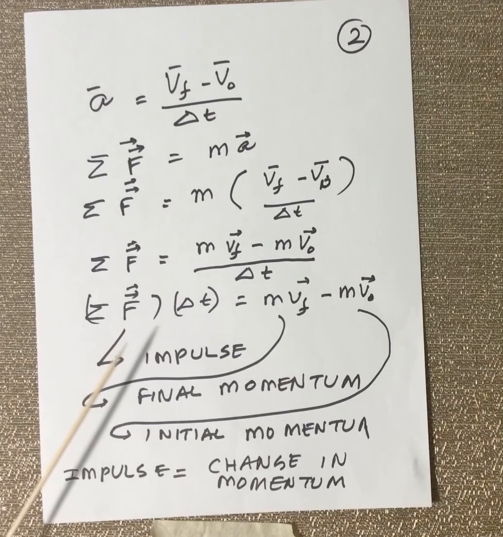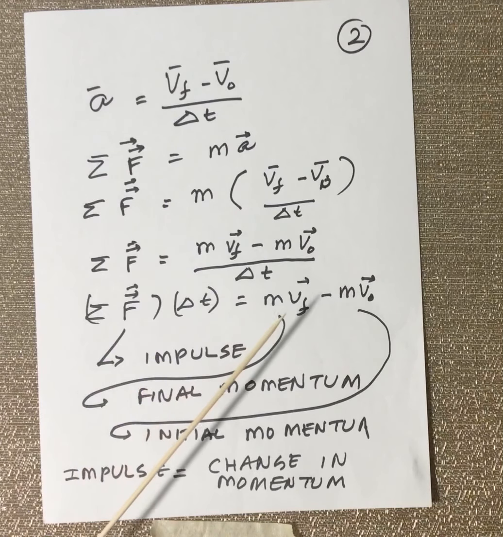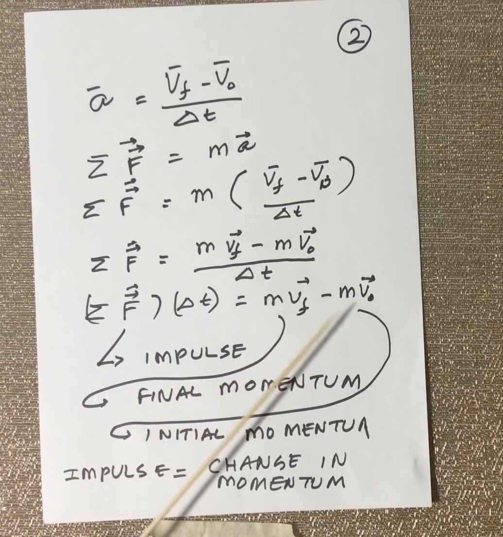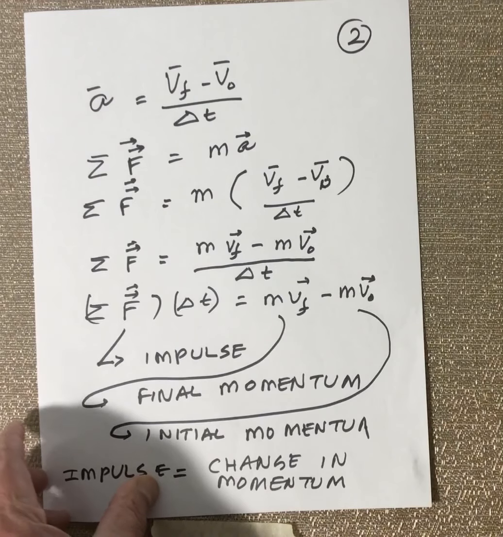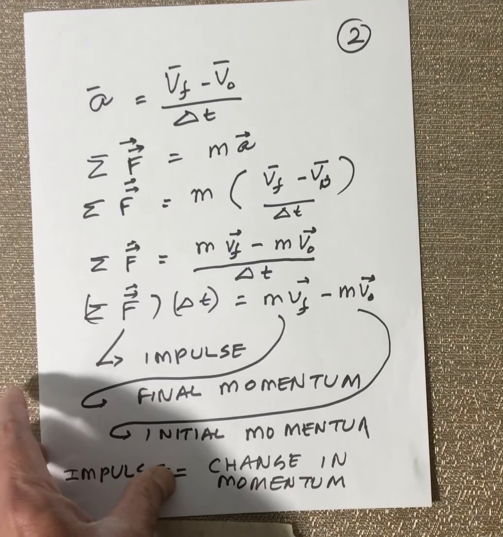The left hand side is your impulse, the right hand side is the difference between final momentum and initial momentum. So you can correlate now: impulse equals change in momentum. That's a simple theorem, I would say, or a statement.